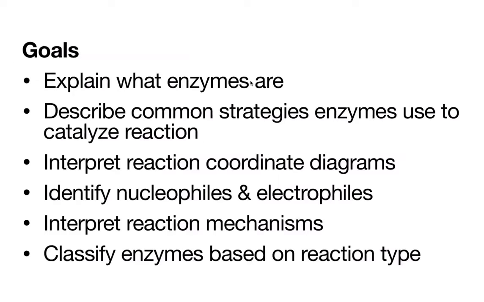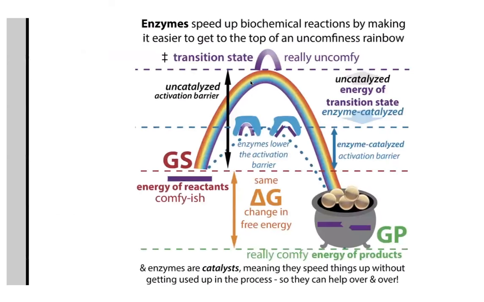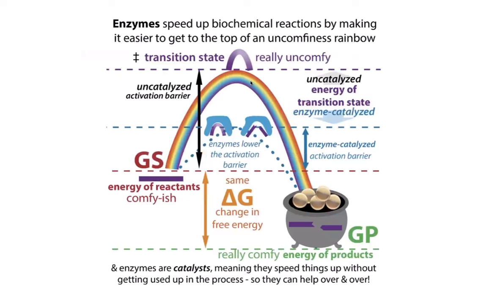I want you to be able to follow the flow in these diagrams and identify the changes that are going on and some of the strategies that enzymes are using to help make those changes possible. So remember that enzymes are biological catalysts. They speed up reactions without being used up in the process. And the way that they speed up these reactions is basically by lowering the activation barrier.